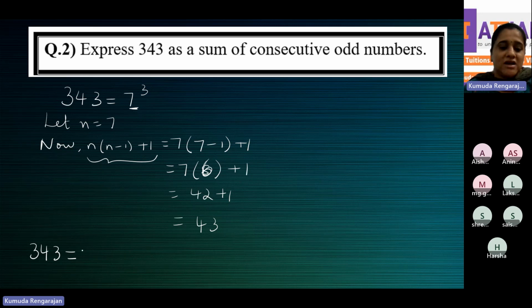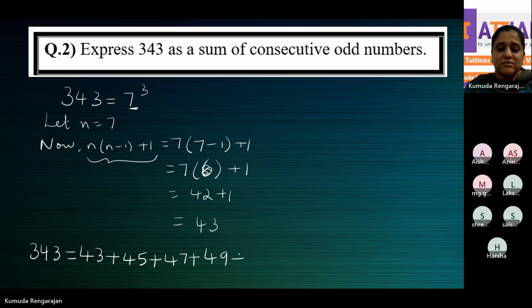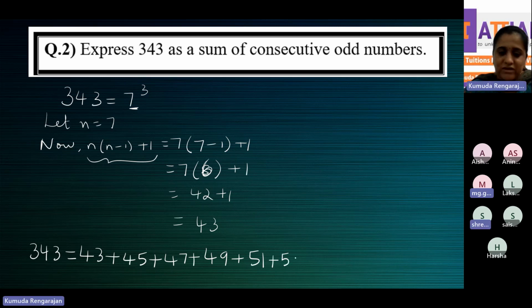Starting from 43. So tell me, 43 plus 45 plus 47 plus 49 plus 51 plus 53. Count 1, 2, 3, 4, 5, 6.